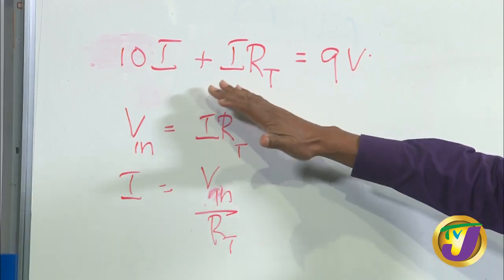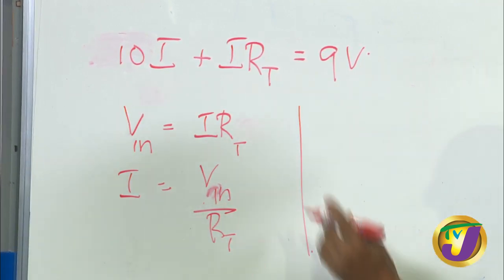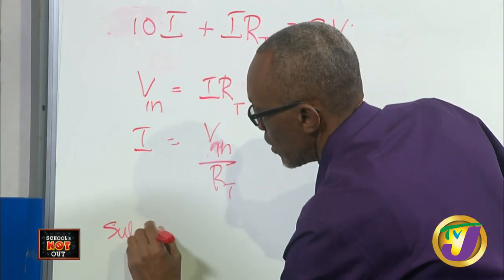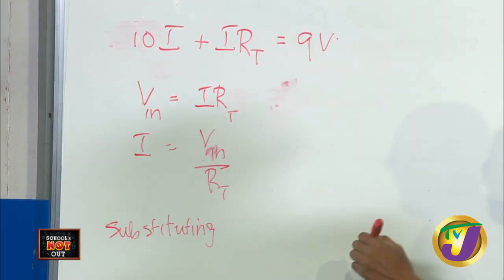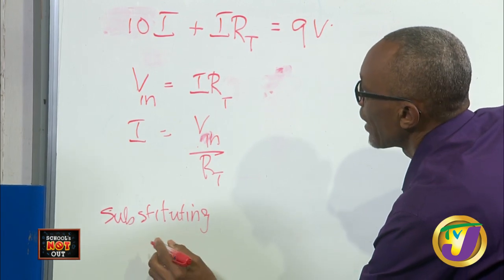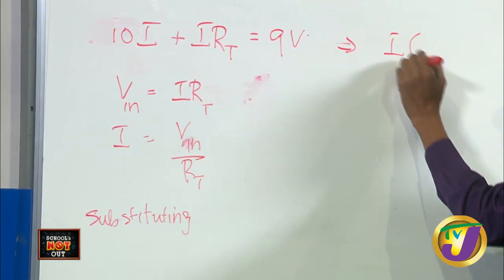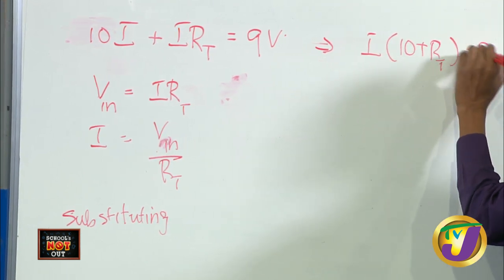So we can make the substitution. First of all, this gives that I times 10 plus RT would be equal to 9.